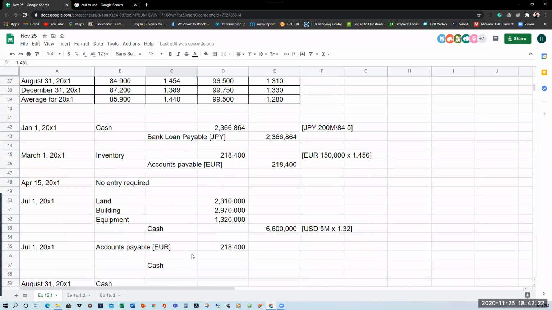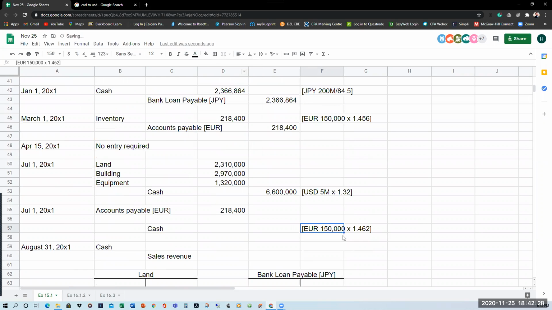And so when we make the payment, the actual cash in Canadian dollars that we have to shell out is 150,000 times the 1.462, or $219,300.